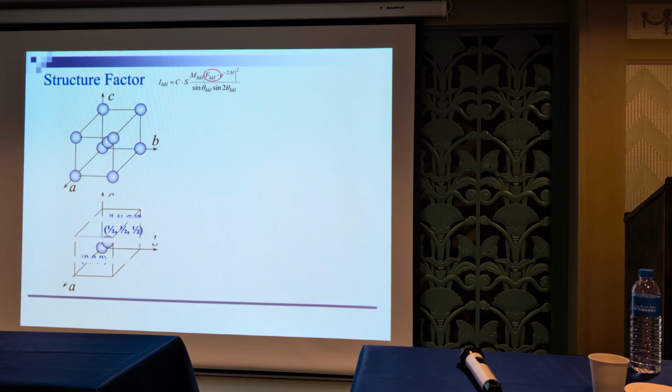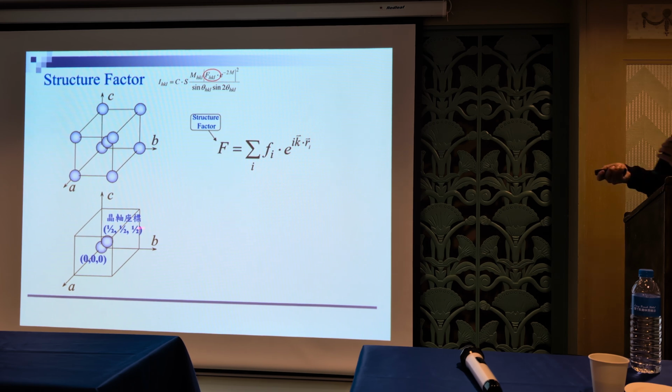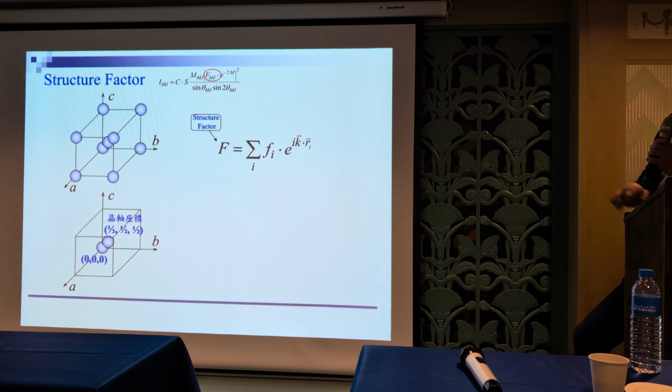The structure factor tells you the diffraction intensity, and we can construct the structure factor from the unit cell. This is an example of a BCC crystal structure. We have two base points, at 0 and at the half.